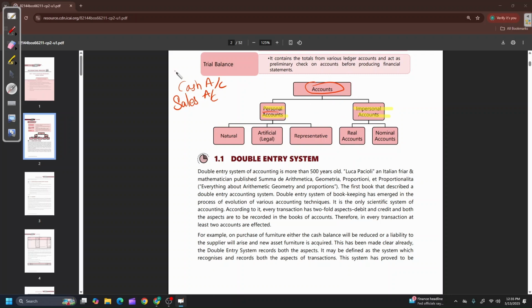Okay, and the students who already know the types of account very clearly don't need to really focus on this topic; they can skip a bit, because I'm going to teach it in detail. Now, personal account means accounts involving an entity, a person or a separate entity.